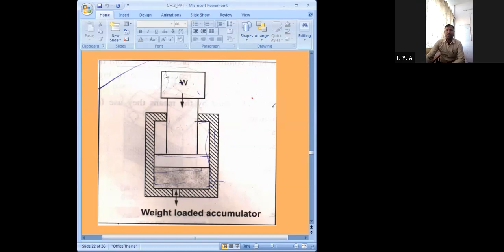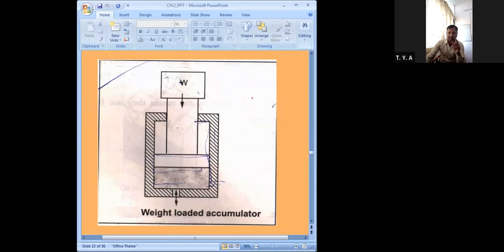And this plunger will move within this cylinder. This is the cylinder, and inside this cylinder the plunger or piston will move.